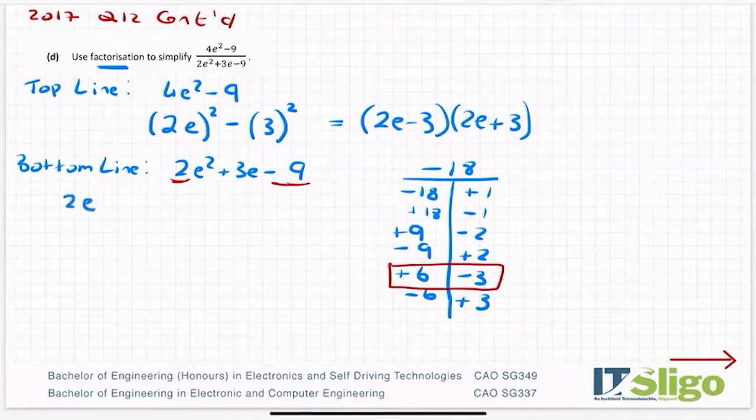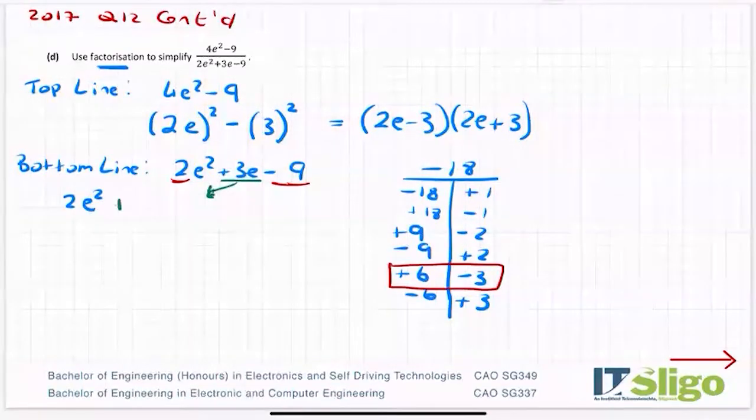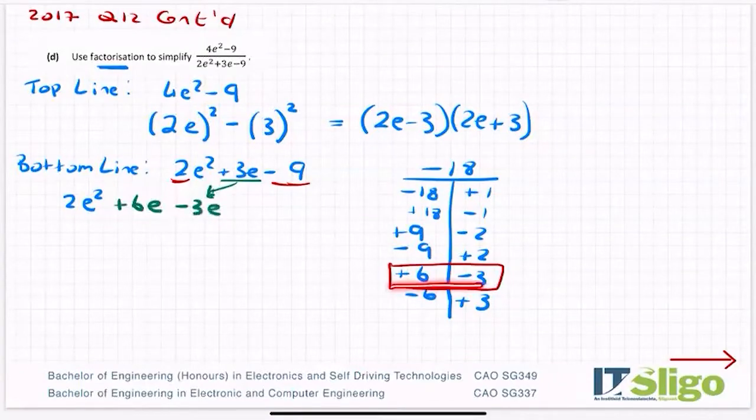So 2e squared, instead of this plus 3e, I'm going to write it as plus 6e minus 3e. And I got these from this row here. Okay, they still add to give me my plus 3e here. I've just written them as their factors. Okay, and then of course I still need my minus 9.